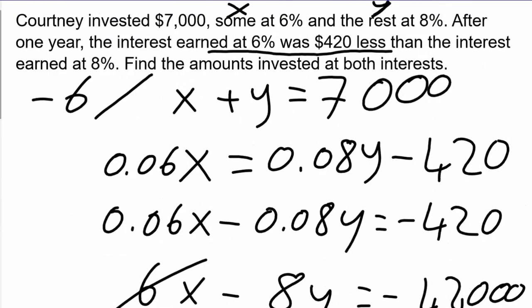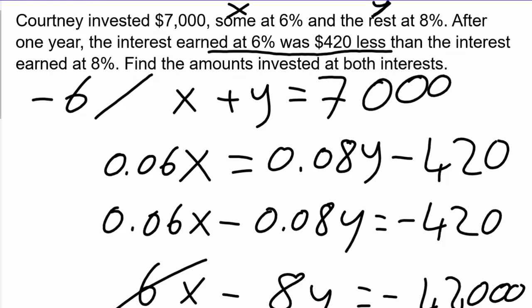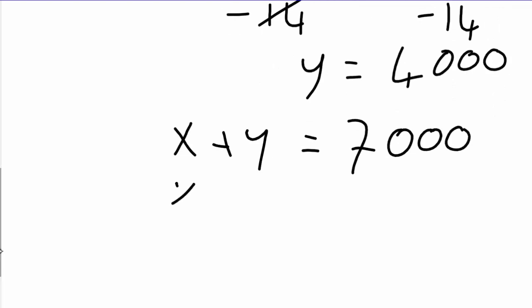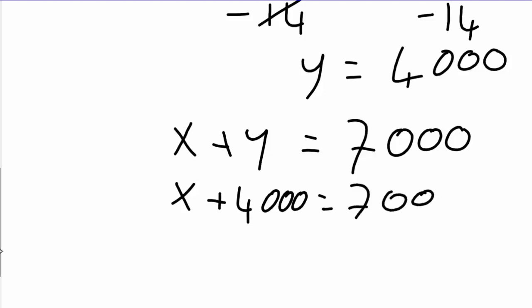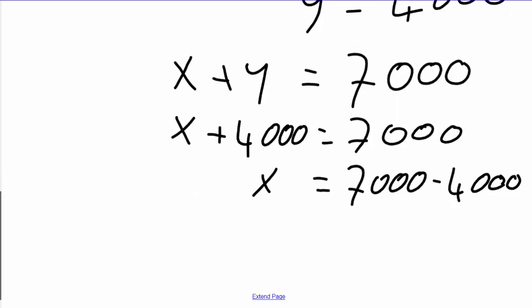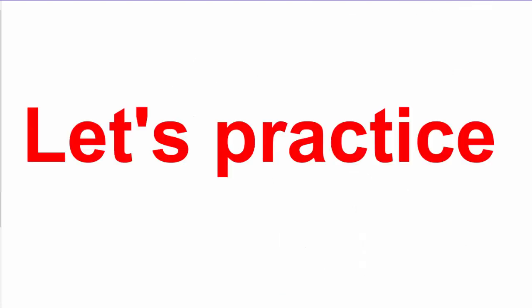Now, looking at the first equation, I can immediately tell you it's 3,000, but let's do the math. X plus y would be 7,000. X is the one we don't know. Y is 4,000, so x plus 4,000 equals 7,000. X equals 7,000 minus 4,000. And x would be 3,000. Voila! Students, let's practice.